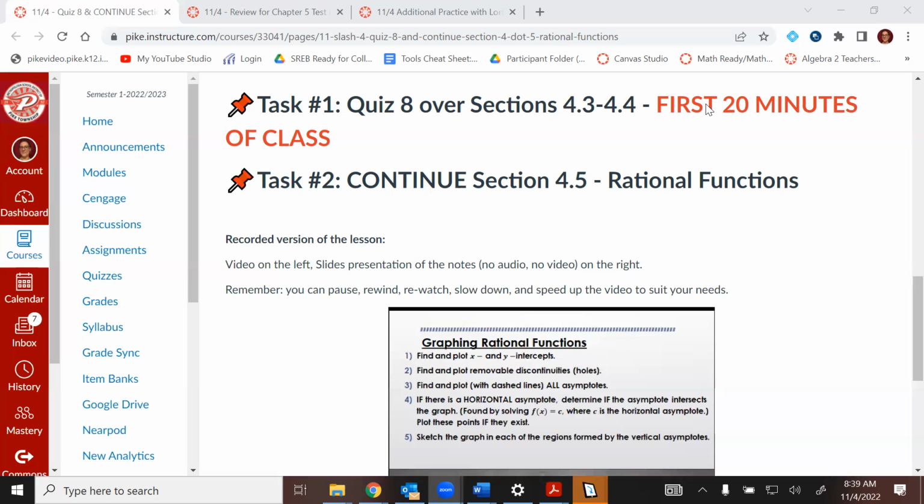You guys told me that this one was not bottom heavy, which I agree with you on. What form is it in? This is in transformation form. When I'm in transformation form, f of x equals a over x minus h plus k, where x equals h is my vertical asymptote and y equals k is my horizontal asymptote.